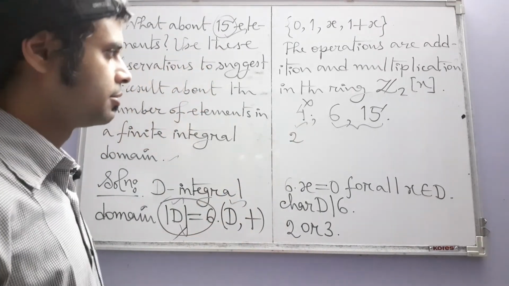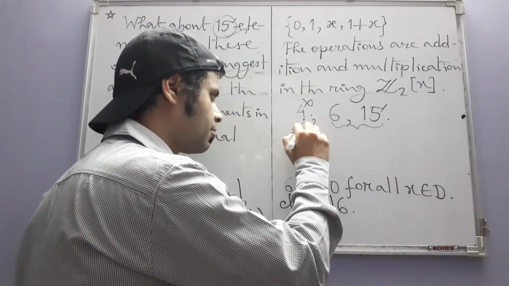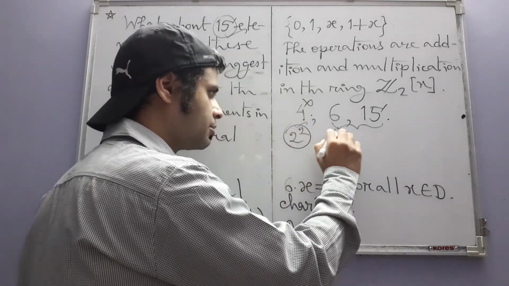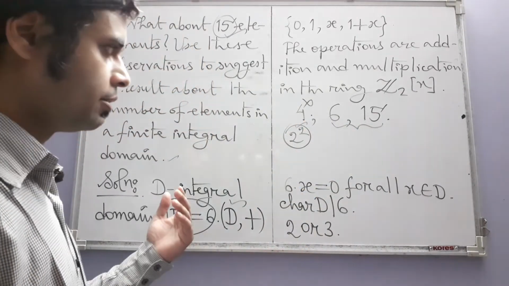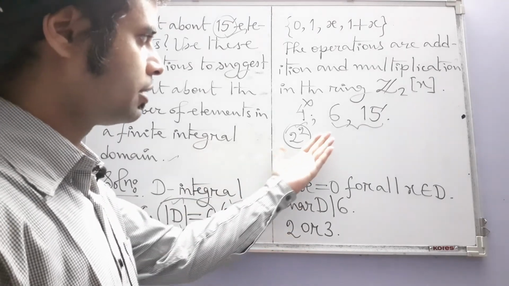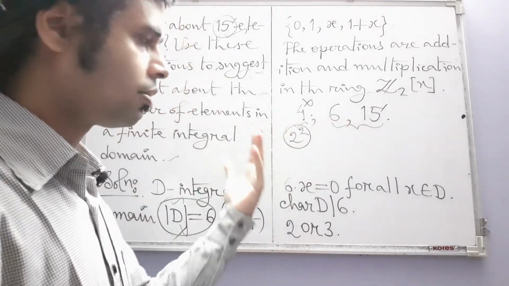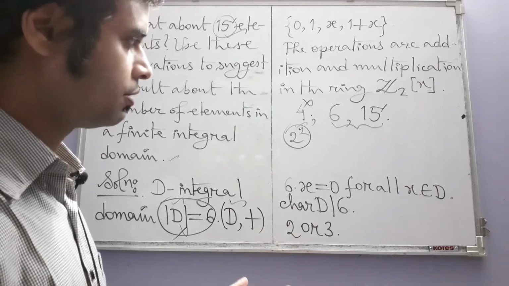In other words, 4 is a power of a single prime, but these are not. And this is what determines whether these can be orders of a finite integral domain or not.